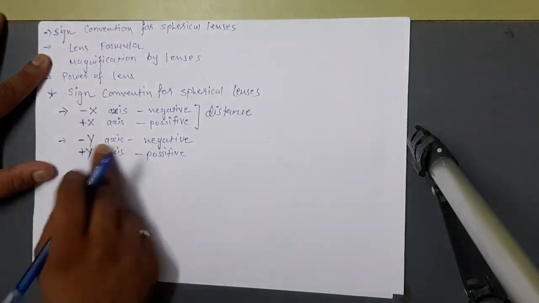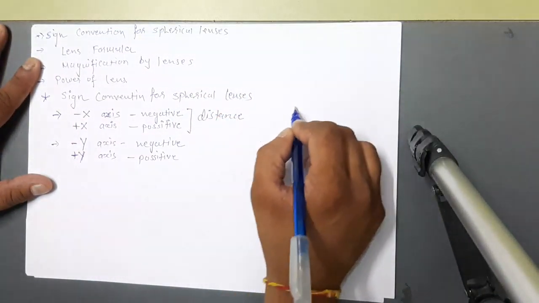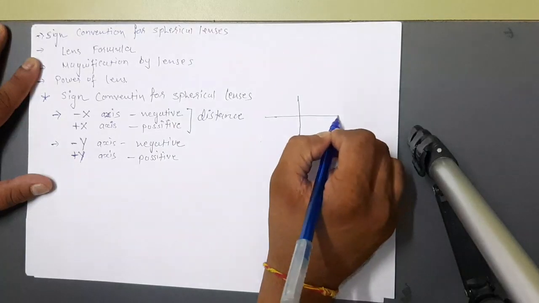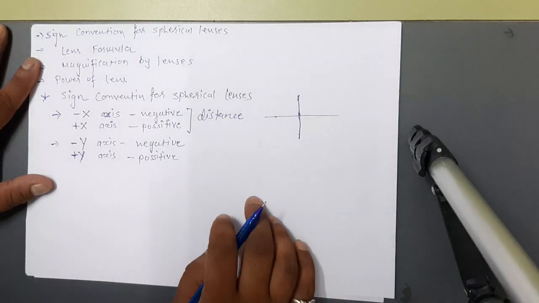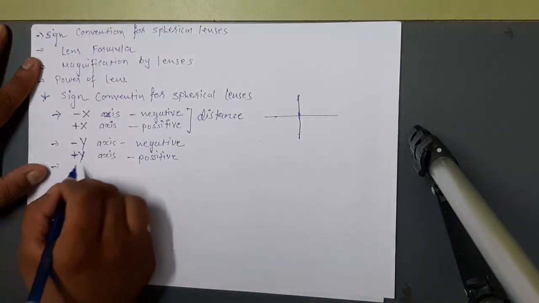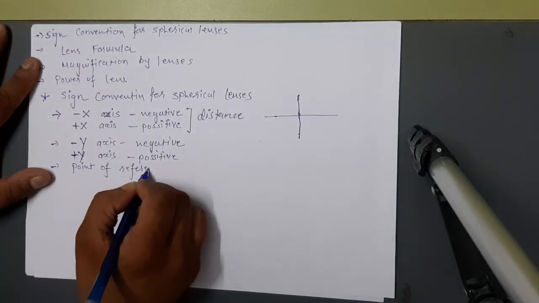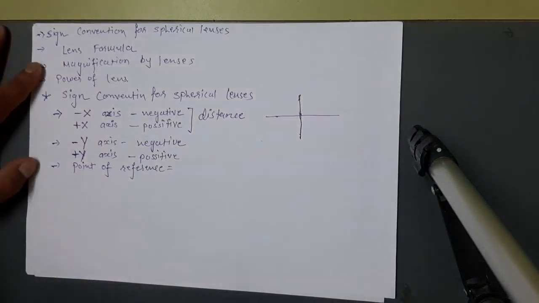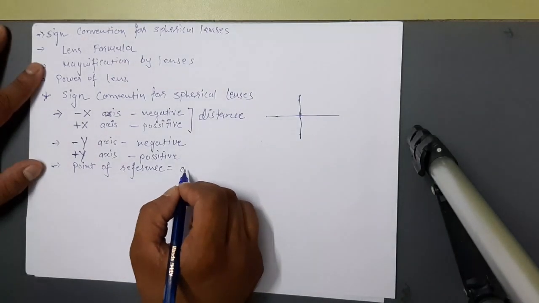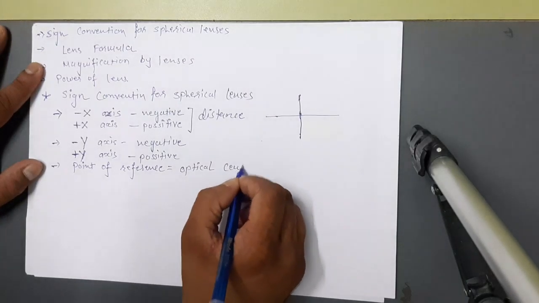We can understand it like this: all distances are measured from a point of reference. In a mirror we have the pole as the point of reference. Here the origin or point of reference will be the optical center.